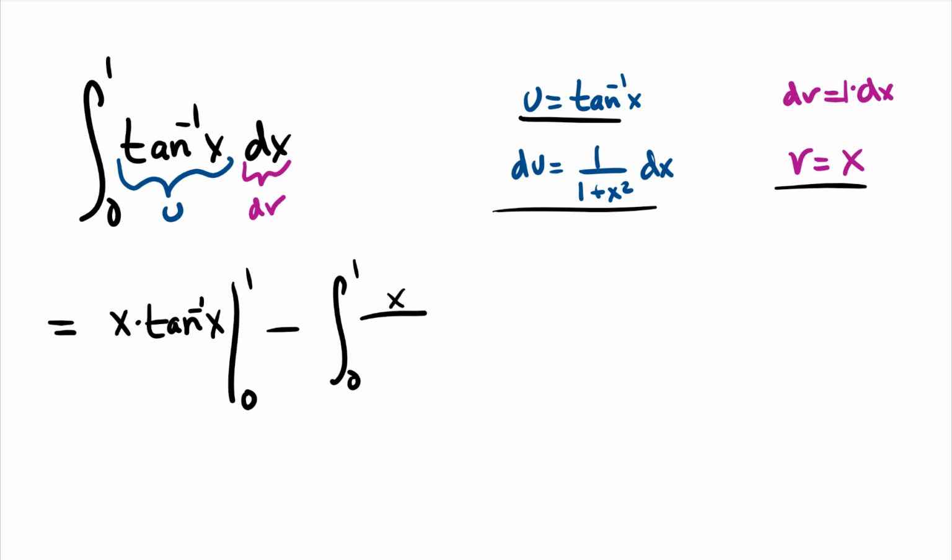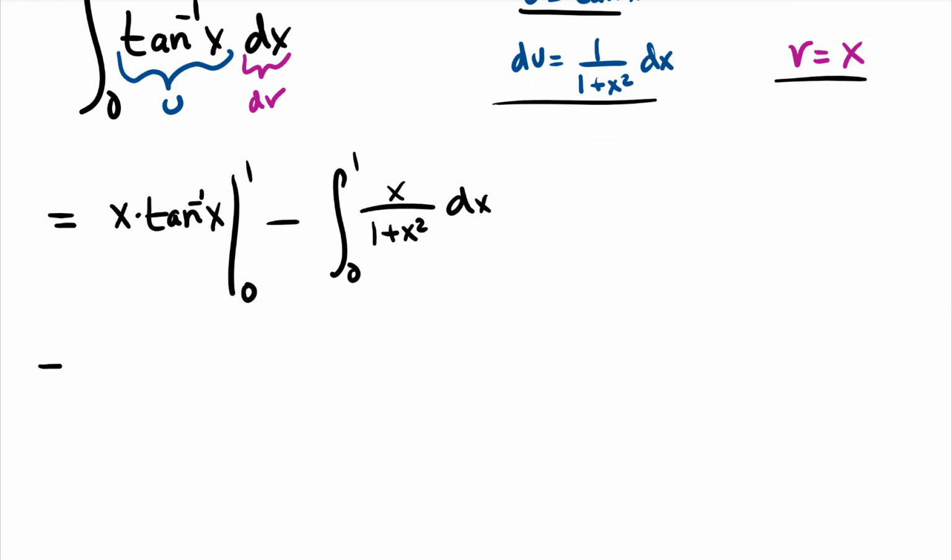So that's x over 1 plus x squared dx. Hey, u sub. So let's just deal with the left-hand side for now. We'll deal with that integral in a second.